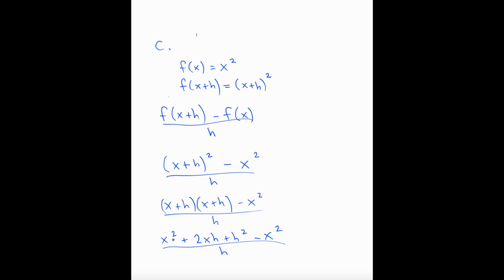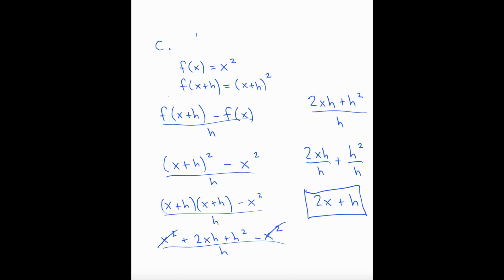We can cancel the x squareds. We'll be left with 2xh plus h squared over h. When we have two terms being divided by a single denominator, we can break them up into two fractions. That's a useful technique here for simplifying. And let's see, the h's will cancel. We'll get 2x plus h. And that's our final answer.